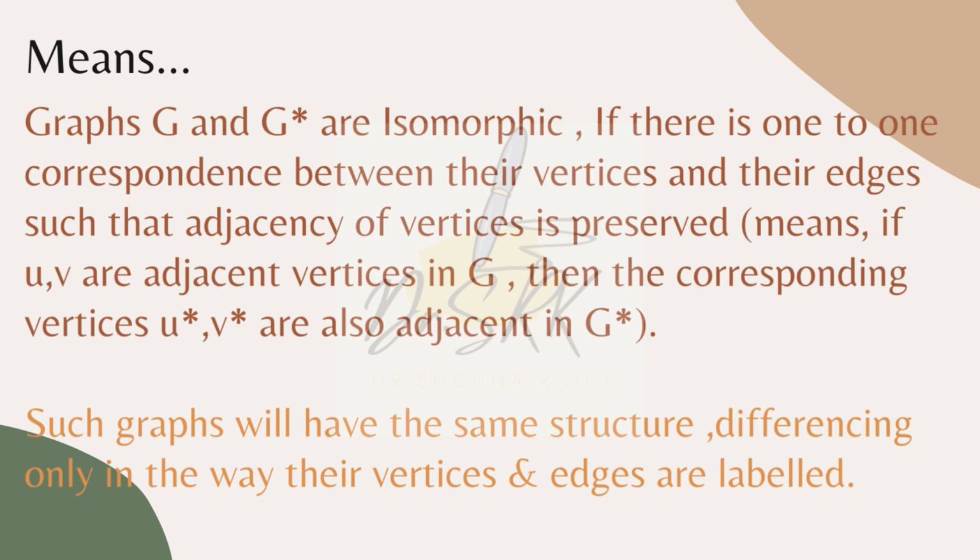That is the meaning of adjacency of vertices is preserved. Generally, isomorphic graphs will have the same structure but differ only in the way their vertices and edges are labeled.